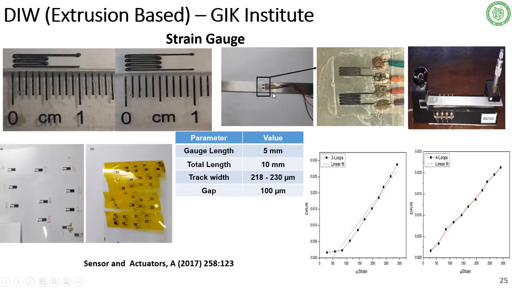We put this strain sensor on this sample and tested it on this bending test rig. And you can see that there is a linear response between the microstrain and the change in resistance, which is the principle strain sensors work on. So it gave us a good result.